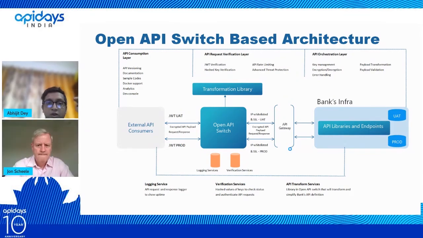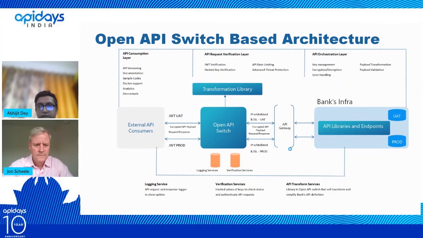At the same time, the orchestration layer, the verification layer, everything will be within the bank, which can secure their API through this orchestration. But the versioning, documentation, sample code, the Docker-like support, the image layers, right? Imaging of all these APIs will be at the open API switch, through which we can actually onboard them, right? Normally the SSL handshaking and the encryption take time from the API consumer's end, right?